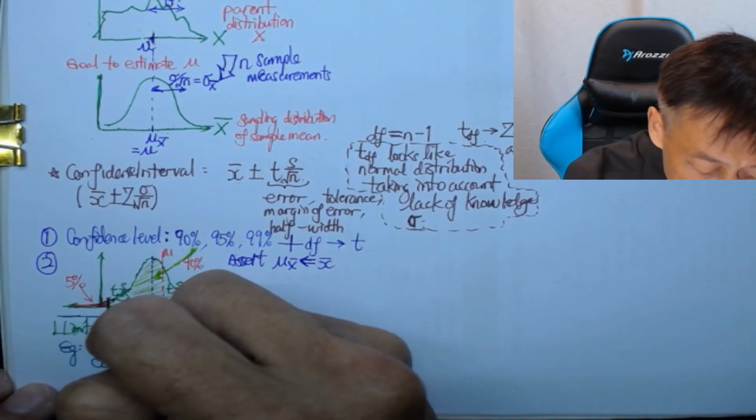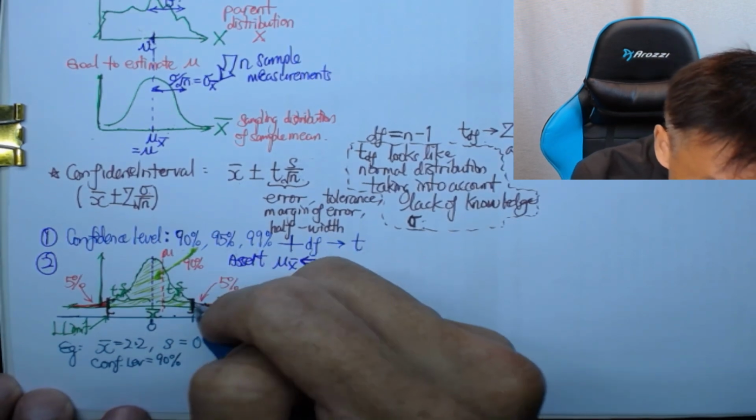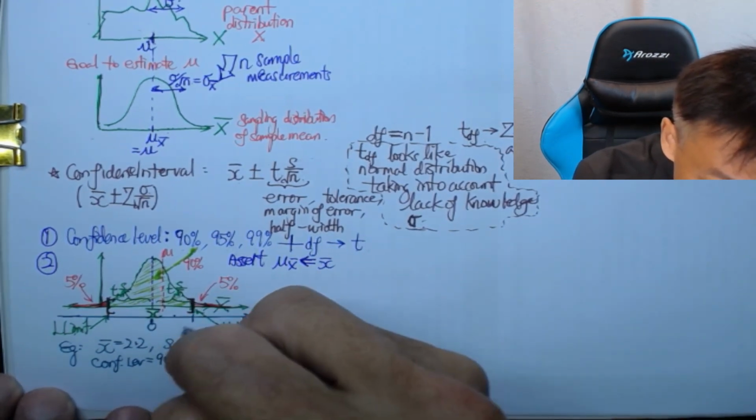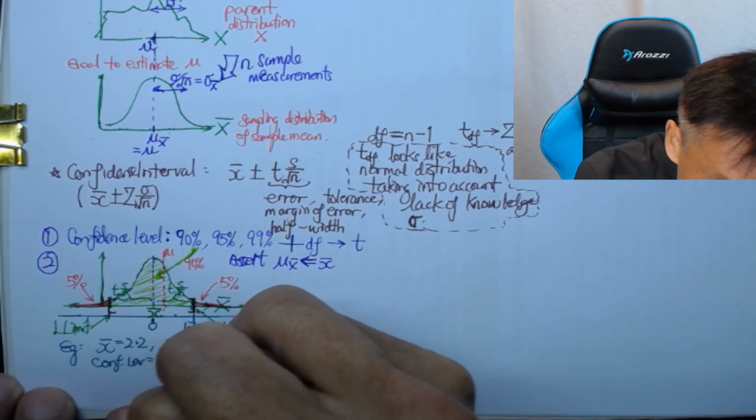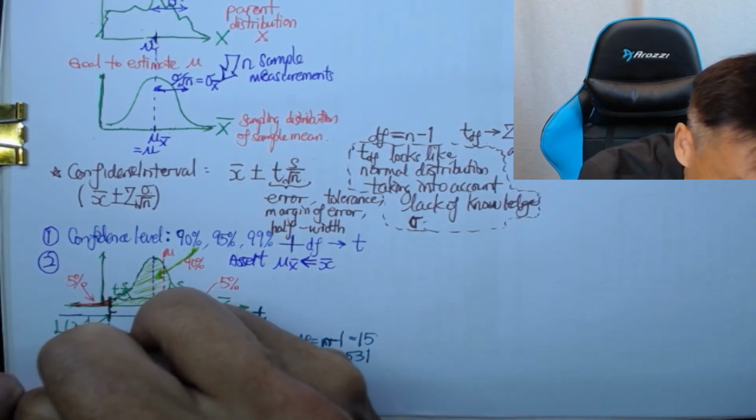Well, not exactly, but going to be somewhere here, occupying 90%. So 1.7531, and the corresponding negative 1.75.